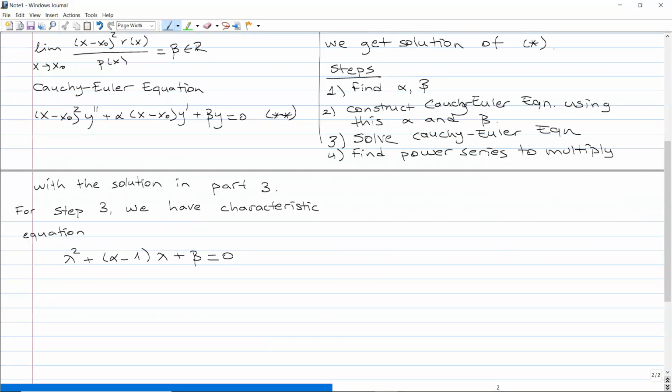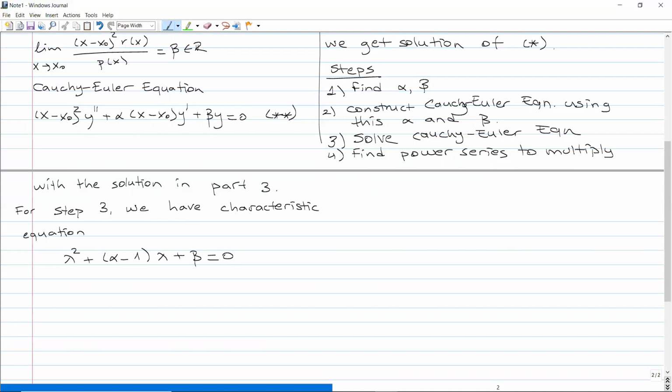If you remember the previous lecture, how to solve the Cauchy-Euler equation, we use the substitution x minus x0 equals e to the t to convert it into a linear equation with constant coefficients.